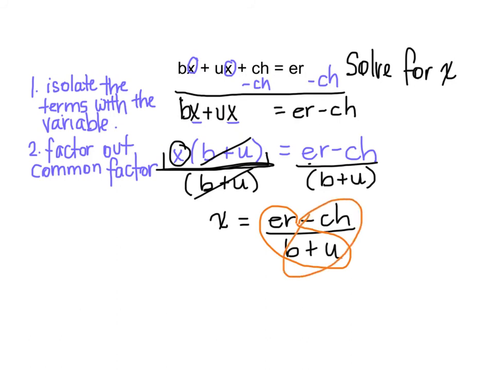So I could also write this as ER over B plus U minus CH over B plus U. And for right now, either of these would be acceptable.